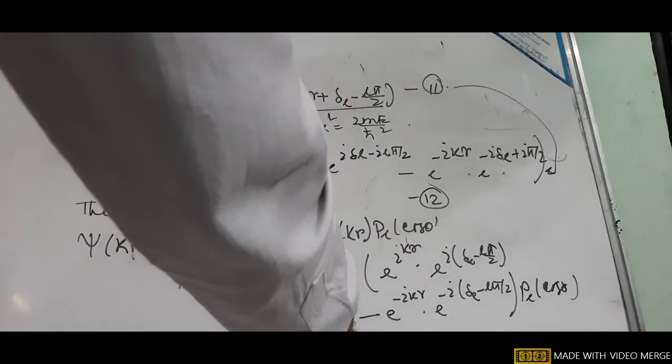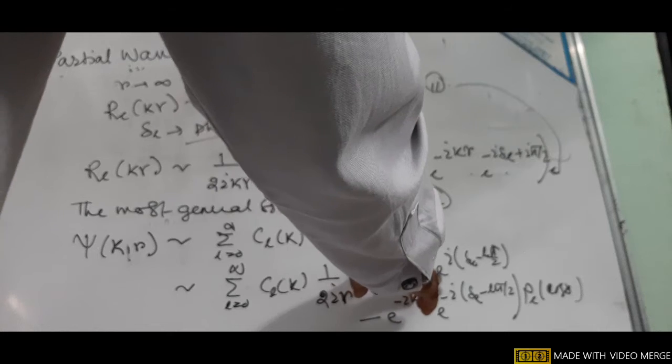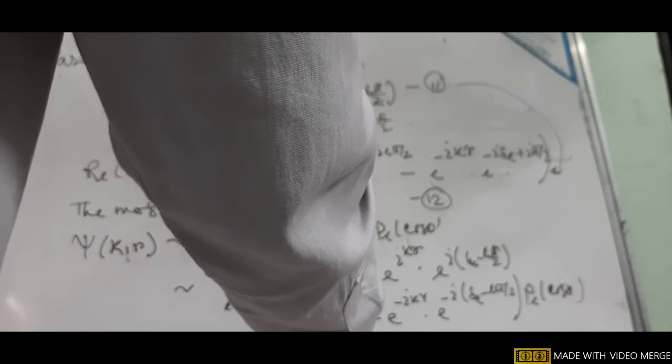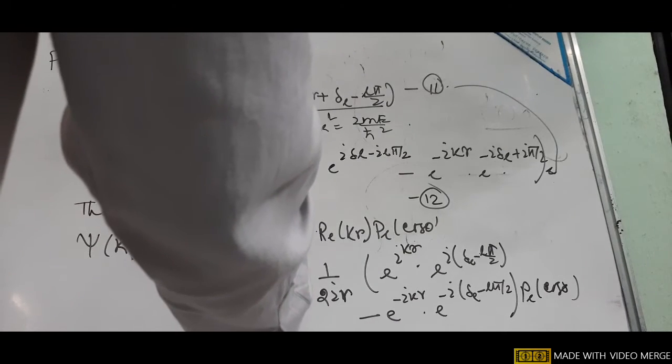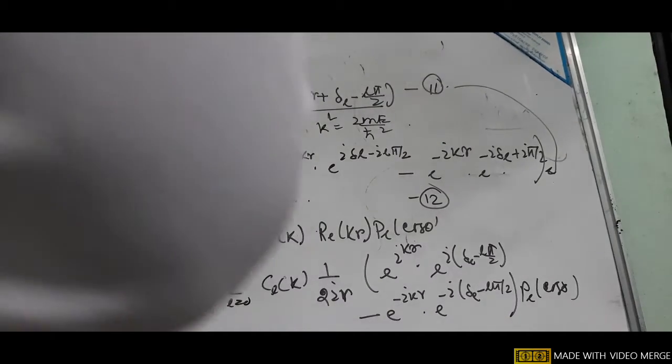So there is no k here, because ikr is there, so there should be ik, but k is absorbed in the constant C_Lk. So this is equation 13.